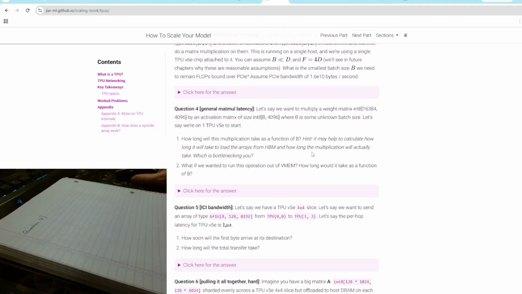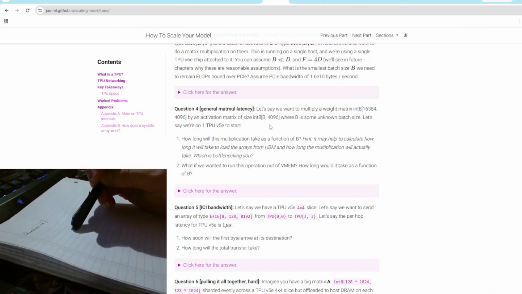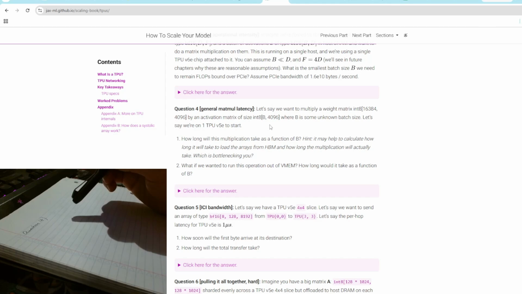Alright, let's think here. It should be some ratio of flops per second divided by accelerated flops per second. And then we need to look at communication bytes divided by HBM bandwidth. No, it should just be like a distance rate equation.